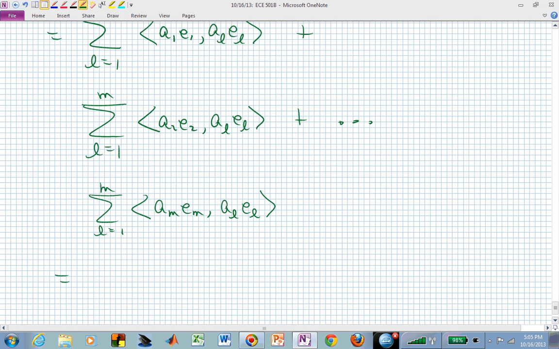So I can now do a double summation. Let me sum over the first slot. Let me call that, I guess I'll do k. K equal 1 to m, A sub k E sub k. Whoops, getting ahead of myself.